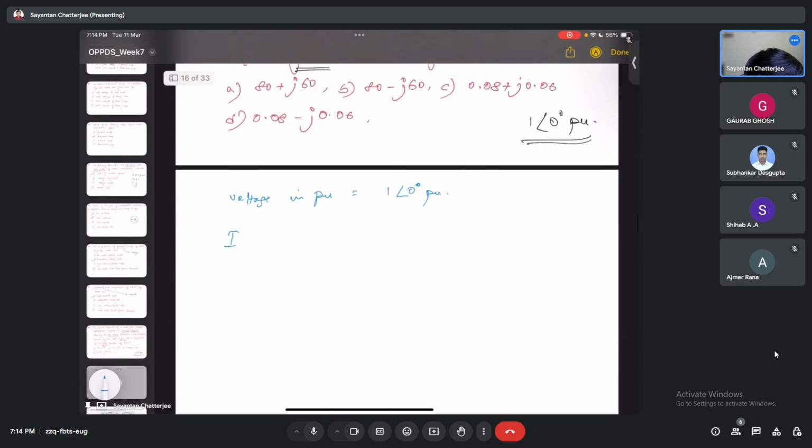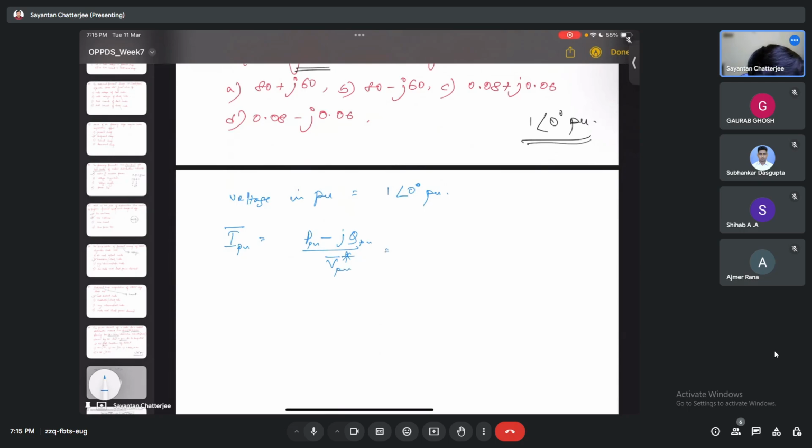So I phasor is P minus jQ divided by V phasor conjugate, right? But these P and Q need to be in per unit, because once we have V in per unit, these things need to be converted to per unit.